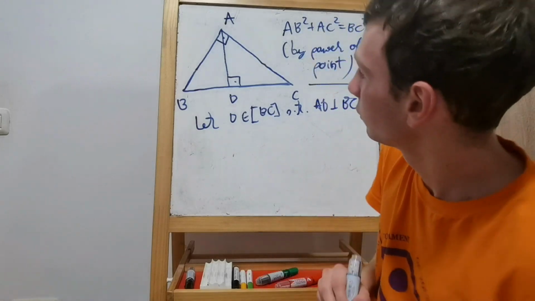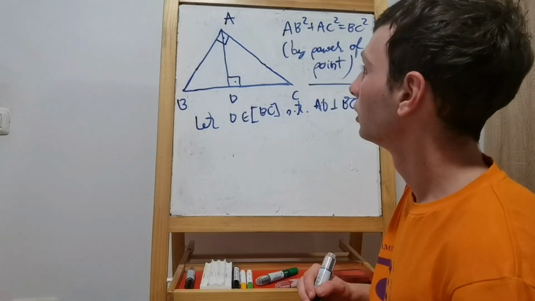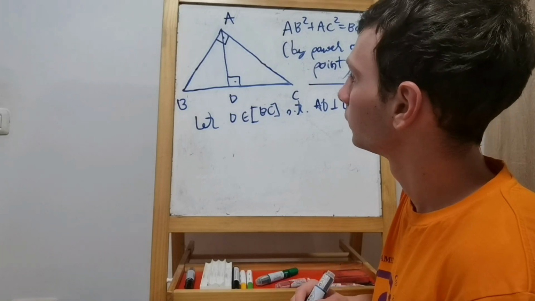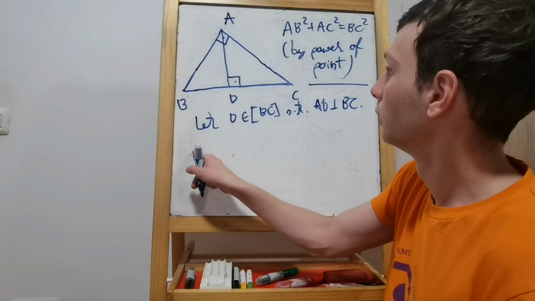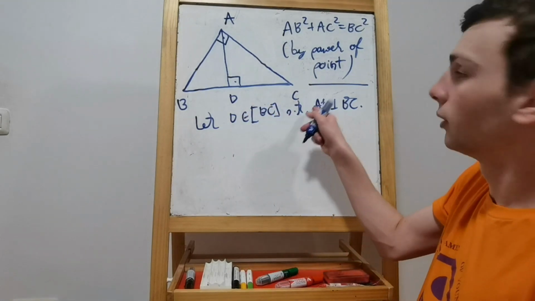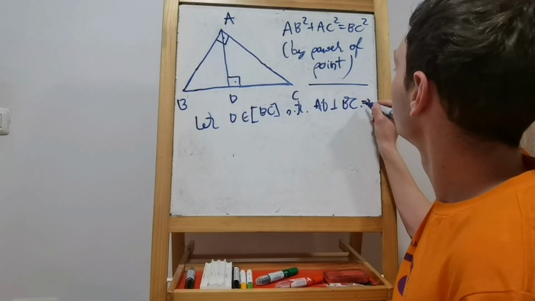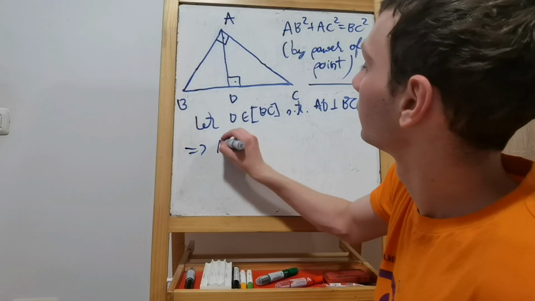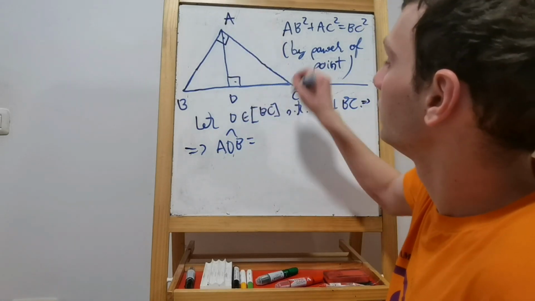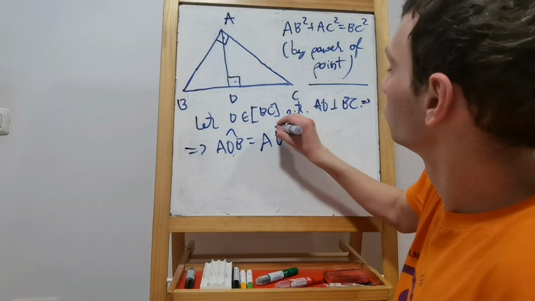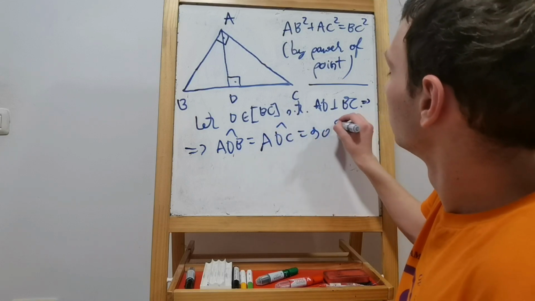Now, let's observe the following. If we have AD perpendicular to BC, then that means that angle ADB is equal to angle ADC is equal to 90 degrees.